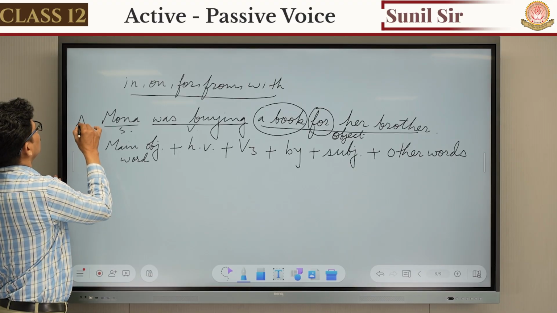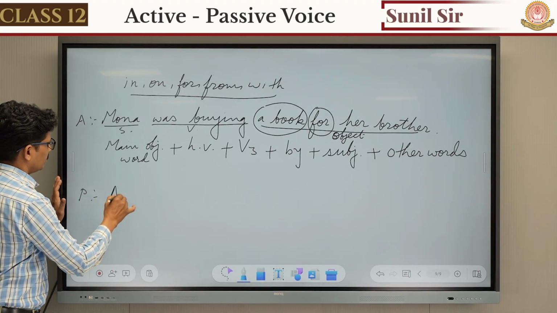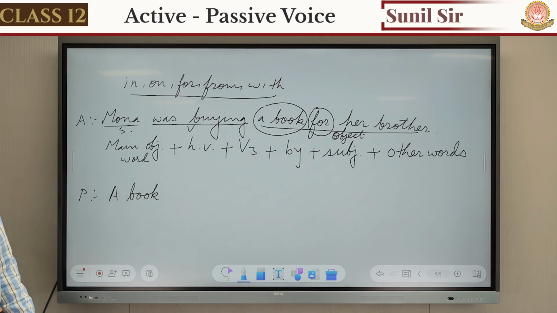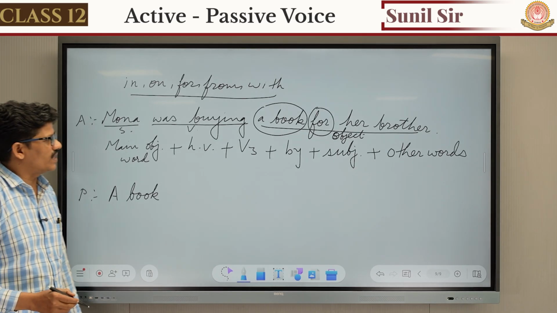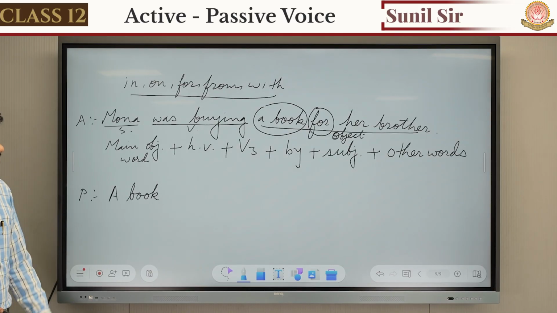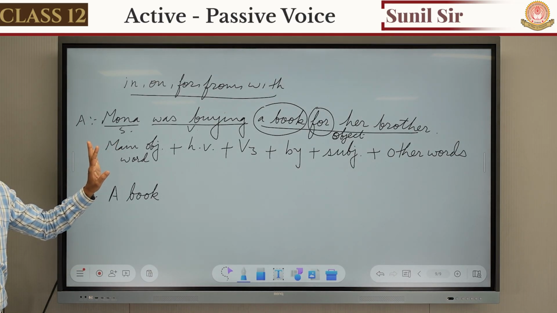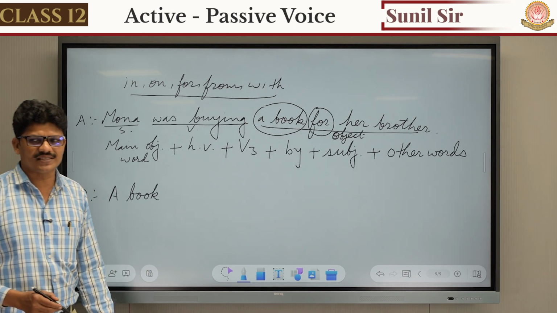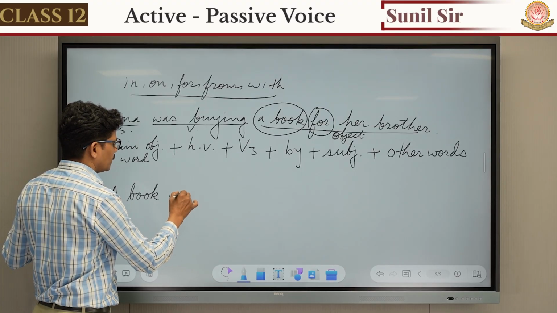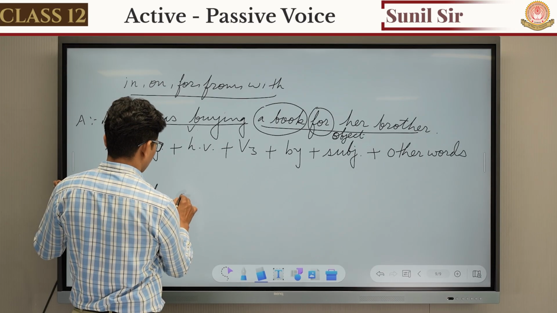This is what I mean by main object word. So, active voice and passive voice. A book. Which tense is this? Mona was buying a book for her brother. It is past continuous tense. Past continuous tense takes was or were plus being in passive voice.